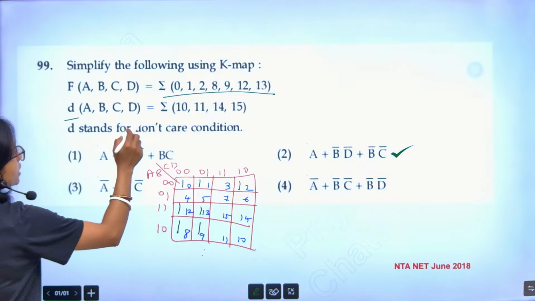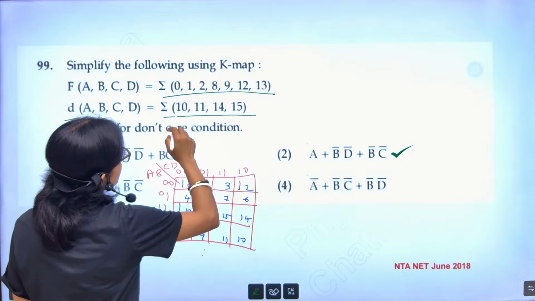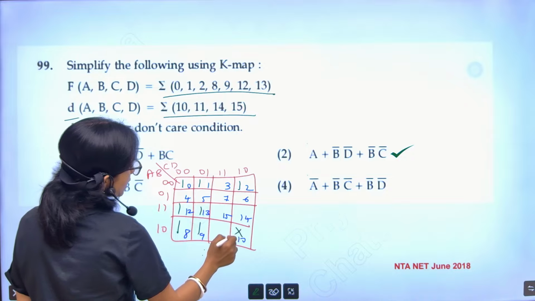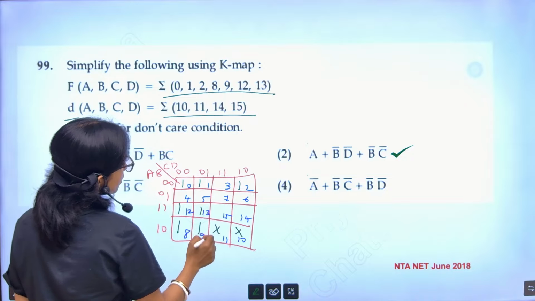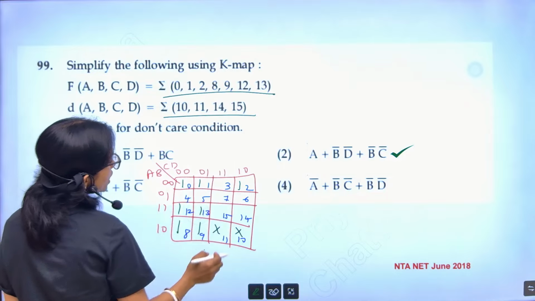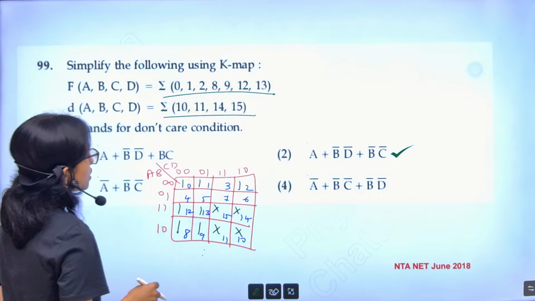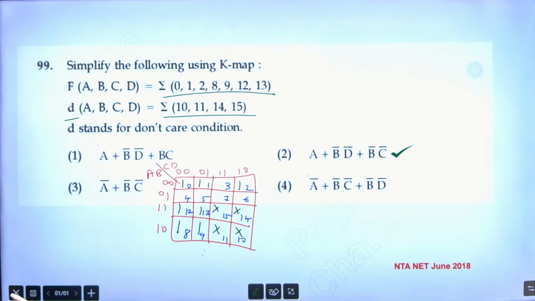And after that the don't cares are 10, 11, 14 and 15. These are the don't care conditions, right?